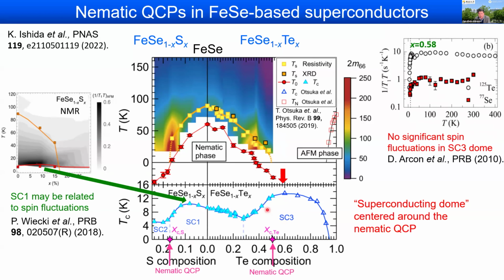However, if you go to the SC3 dome and measure 1/T1T, you don't see any enhancement. This means there are no significant spin fluctuations, at least in the low energy regime. So I think this superconducting dome is unrelated to spin fluctuations. SC3 is roughly centered around this nematic QCP, so we have a correlation between the nematic QCP and the SC3 dome.